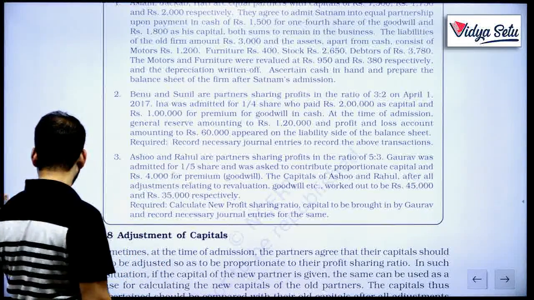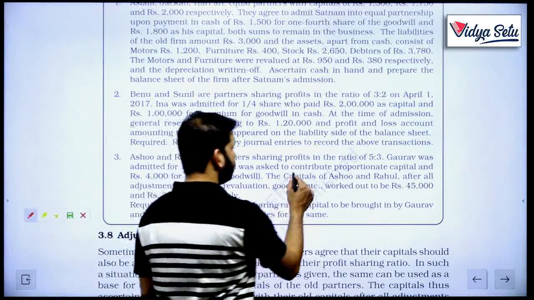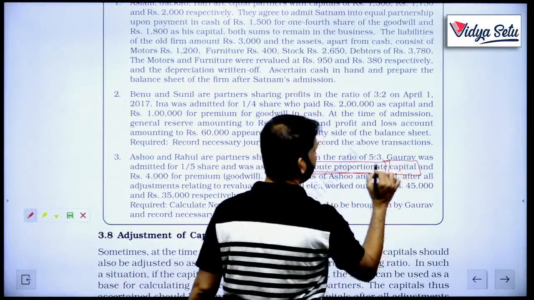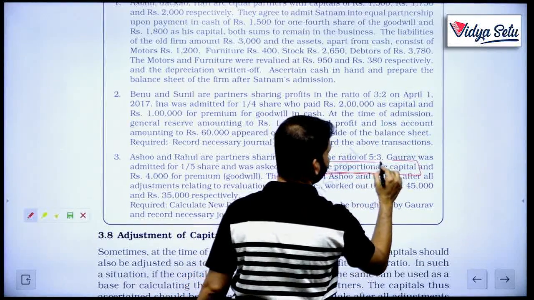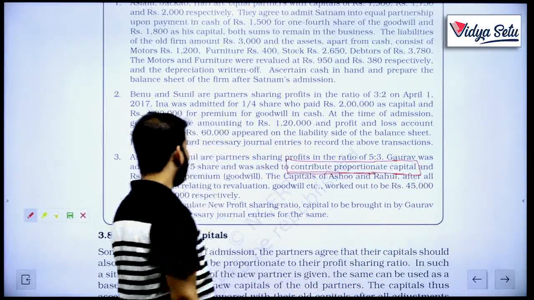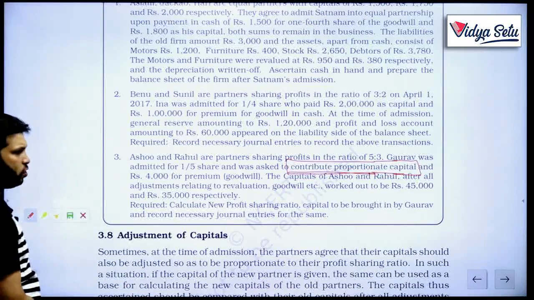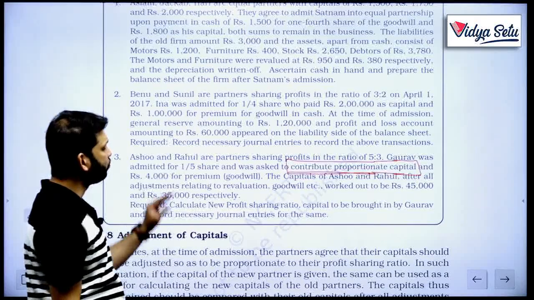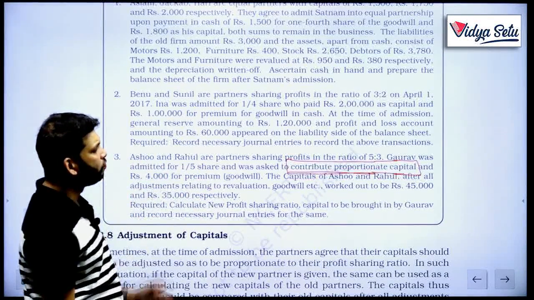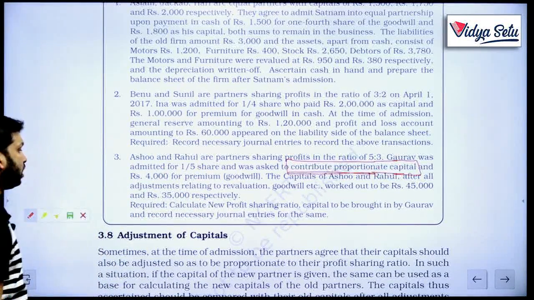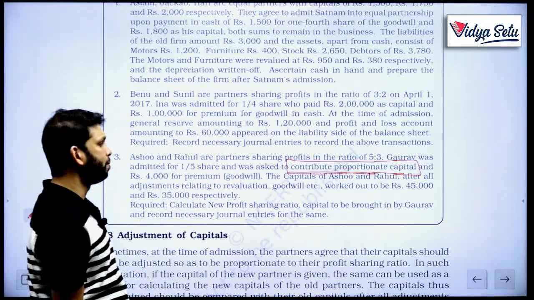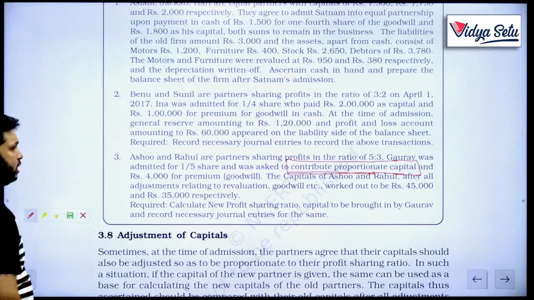Very important thing they have given: contribute proportionate capital, and 4,000 for premium for goodwill. The capital of Ashu and Rahul after adjustment of revaluation and goodwill worked out to be 45,000 and 35,000 respectively. Calculate new profit sharing ratio, capital to be brought in by Gaurav and record necessary journal entries.